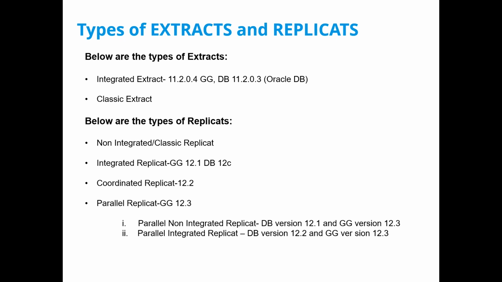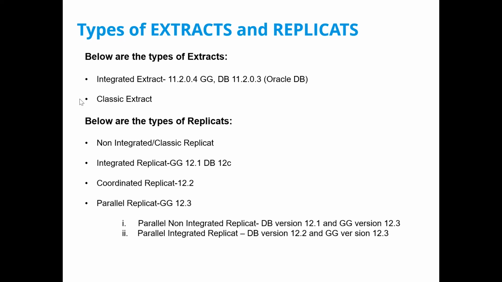Then from Golden Gate version 12.3 onwards, parallel replicat was introduced. Parallel replicat is available for Oracle as well as some non-Oracle databases, like SQL Server. There are two types of parallel replicat.